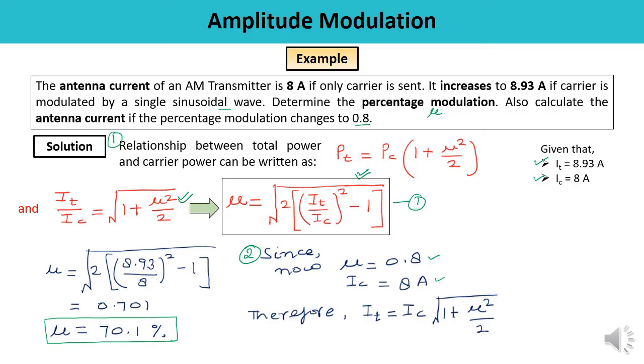If you simplify by putting the numerical values, you will get IT as 9.19 ampere. It means the antenna current is 9.19 ampere if the percentage modulation changes to 0.8, that is 80%. In this manner you can solve these questions, and you must remember the formulas.